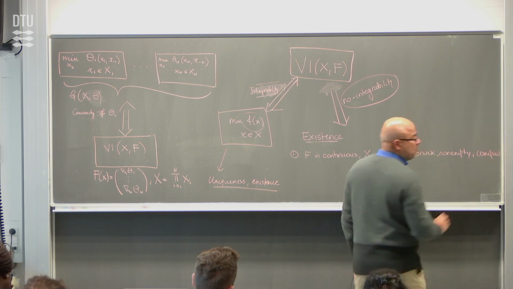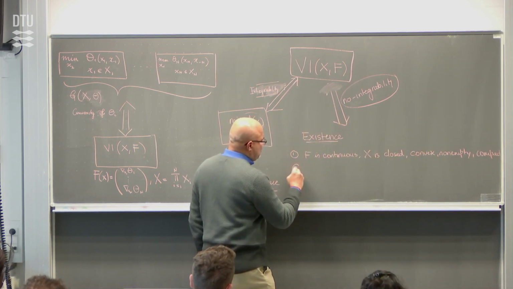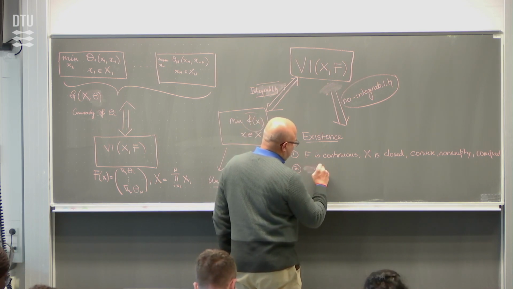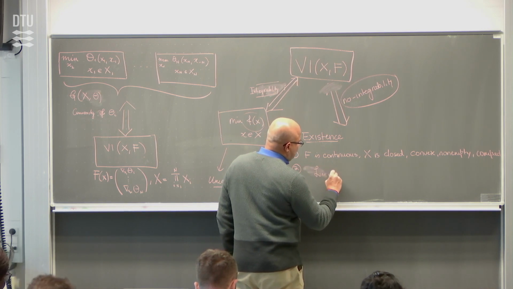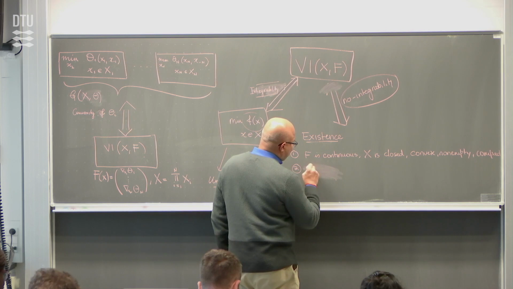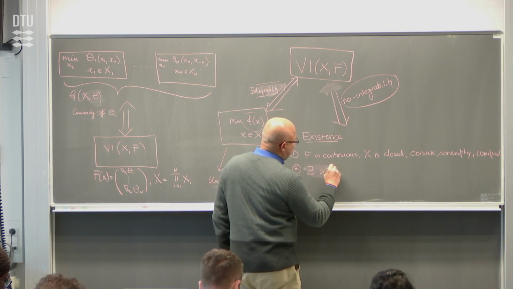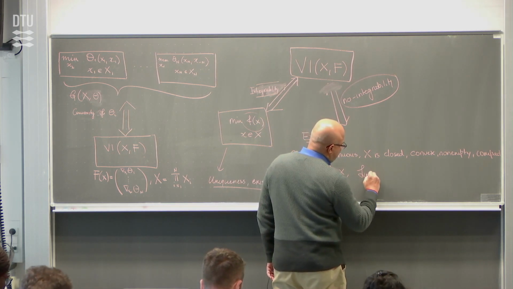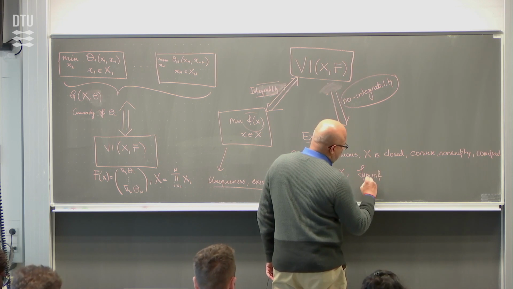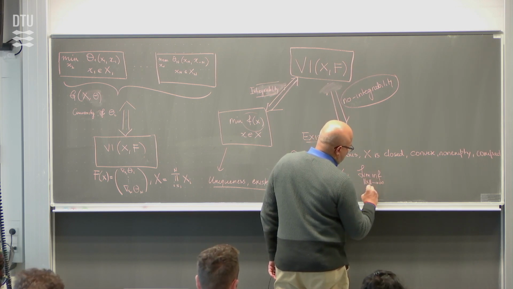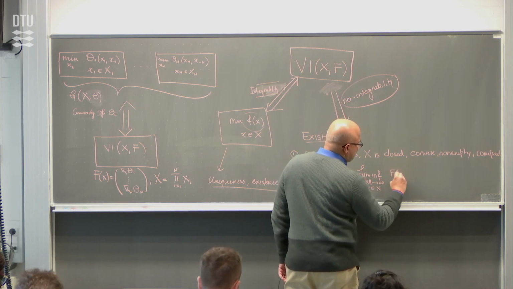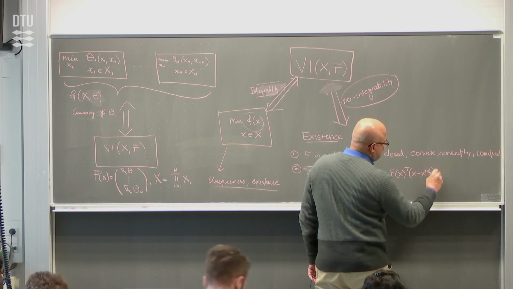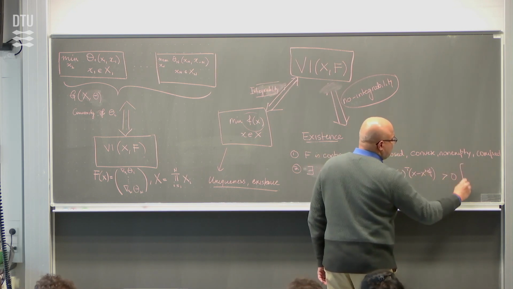This is one condition. Here's a second condition. If I can check that there exists some vector x ref in X such that the lim inf of this holds, this is some condition often referred to as the coercivity condition.